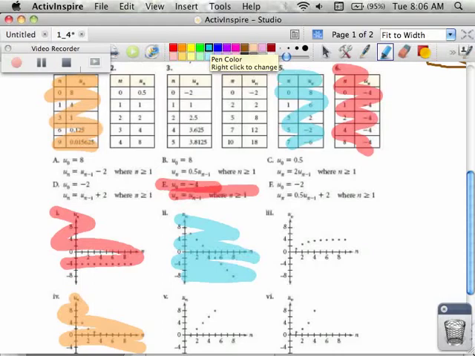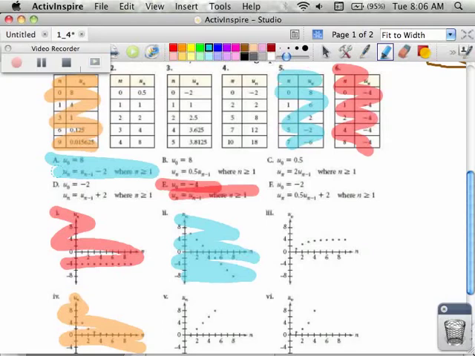There's only one that subtracts off a number, it looks like, and that's D. Oh, I mean A, sorry. Thank you. So A is the equation that matches up with the picture and the table.